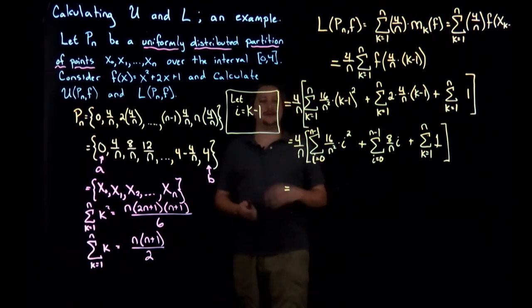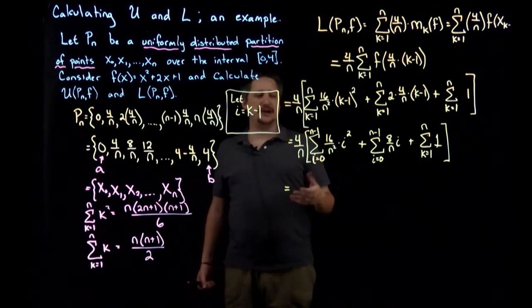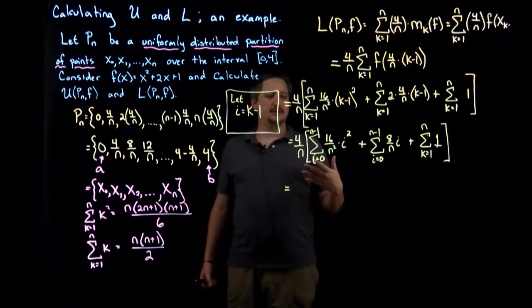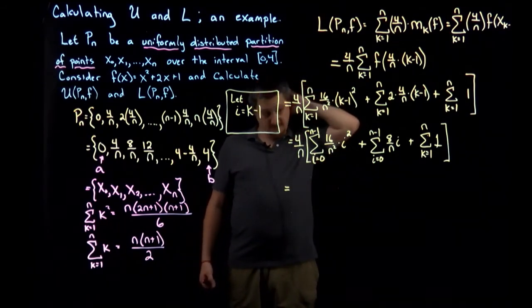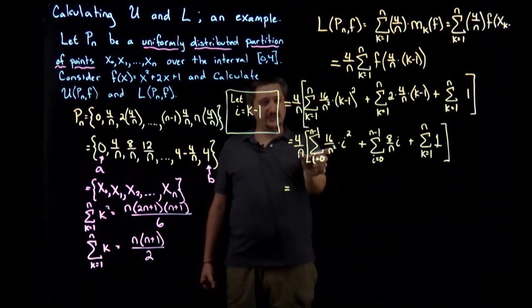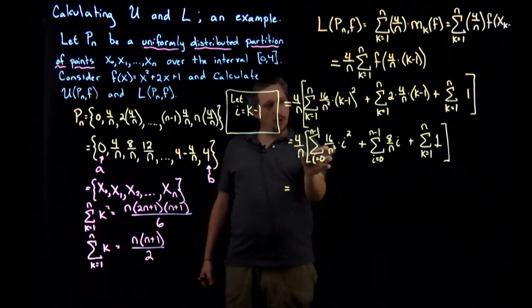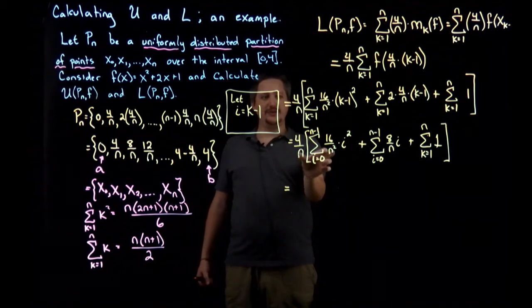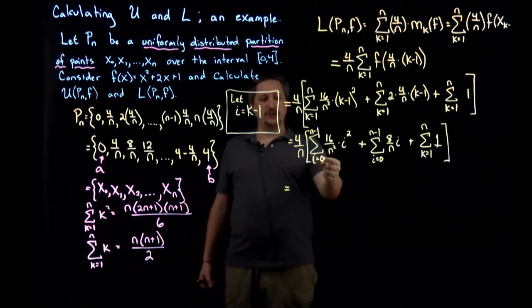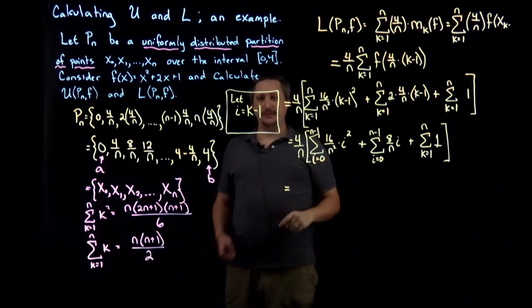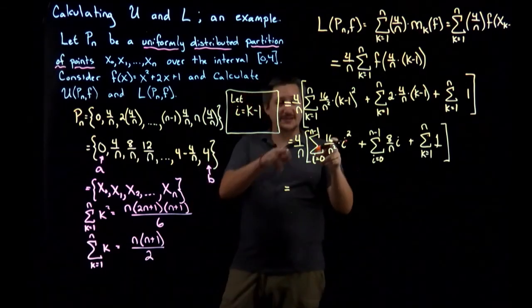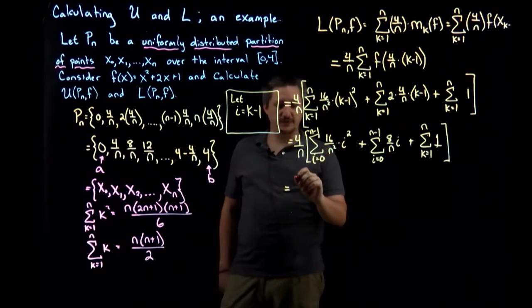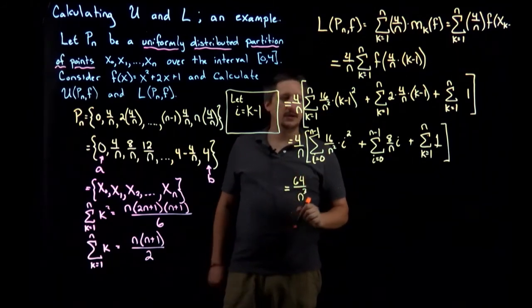But now, if you flip back in your notes or go back in the stuff that we've done in the video, you can see this is almost exactly what we just did. The only difference is that in the other version we had 1 to n, not 0 to n minus 1, meaning that I'm going to get the same coefficient in the front, so I'm going to get 64 over n cubed here.